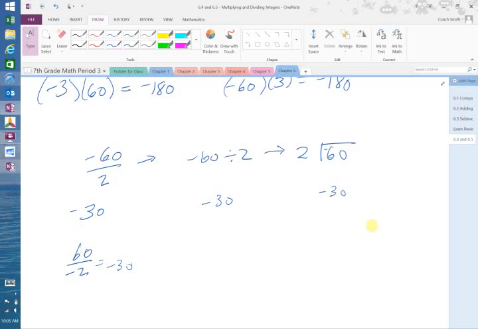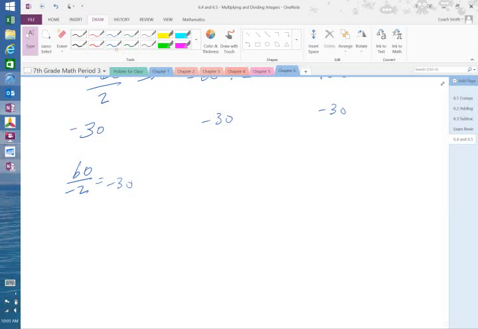Okay, now, let's look at a problem like this. Let's say I had 3 times negative 4 times 5 times negative 6. Okay? Well, the associative property of multiplication basically tells us that we can only multiply two numbers at one time.